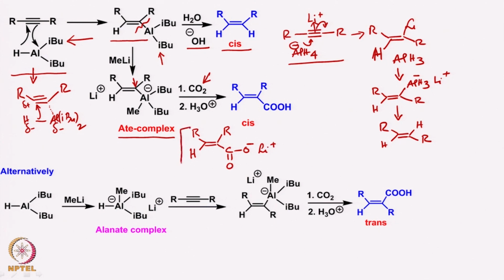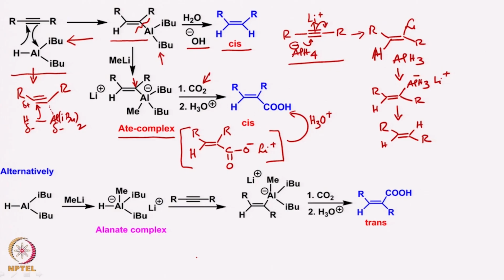So, this is the intermediate that can form, which upon acidic workup leads to the formation of the corresponding alpha beta unsaturated acid.